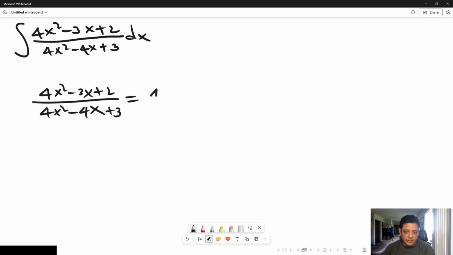Long division is just going to be 1 plus x minus 1 over 4x squared minus 4x plus 3. Notice that because they have the same degree, it's normal that this here is a constant. Now over here, the top has lesser degree than the bottom, so we can do partial fractions with this one.